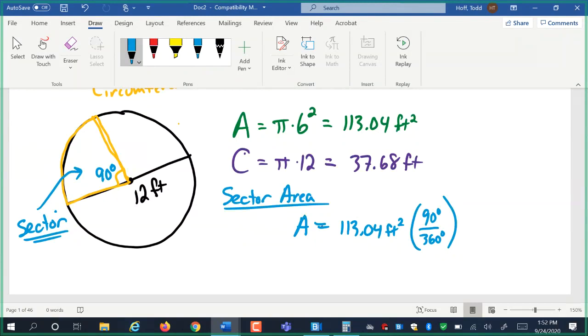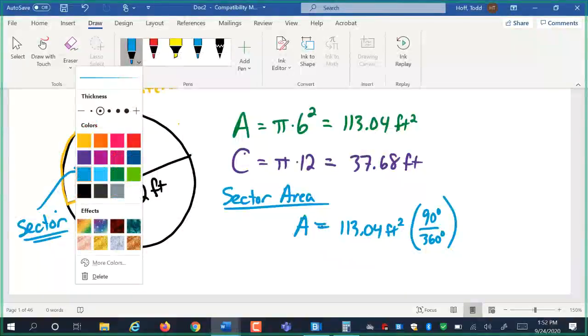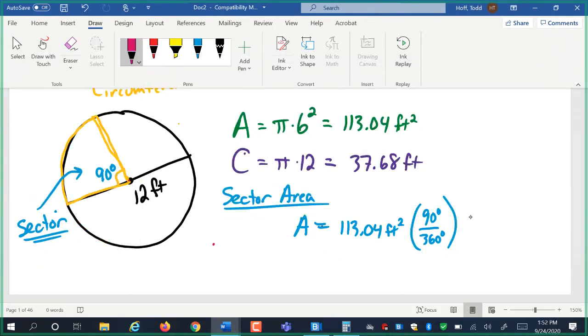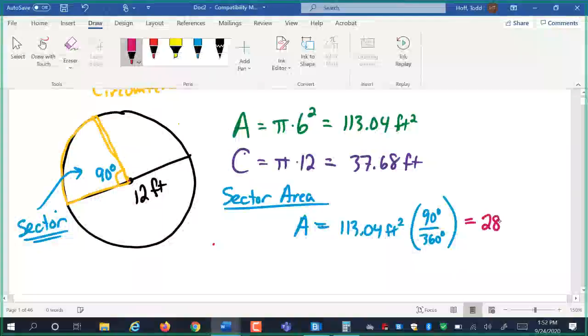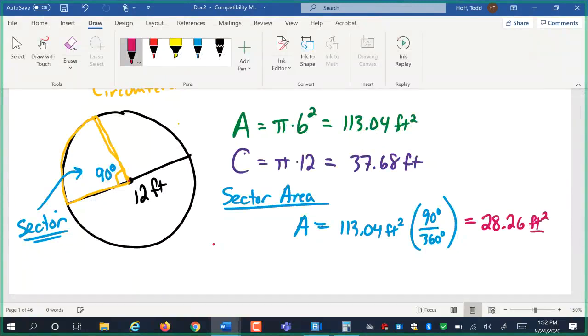But we can do it this way. It means that we can find it for any central angle on that sector. So we get 113.04 divided by 4. We get 28.26. That is, of course, square feet.